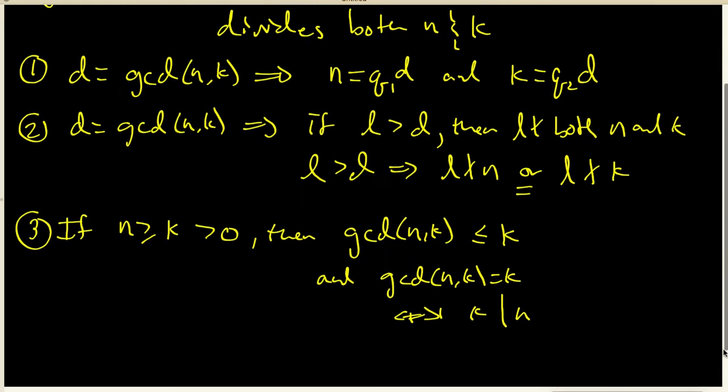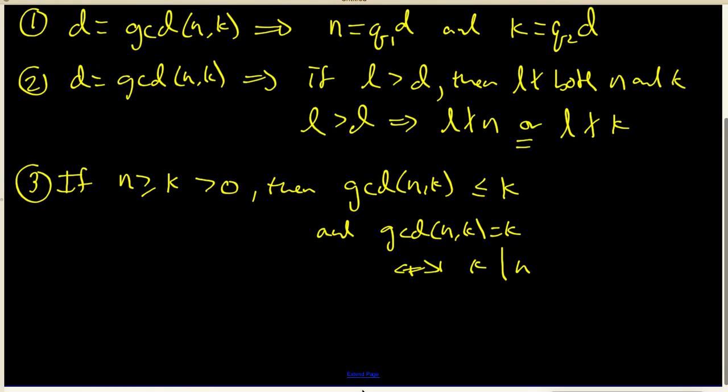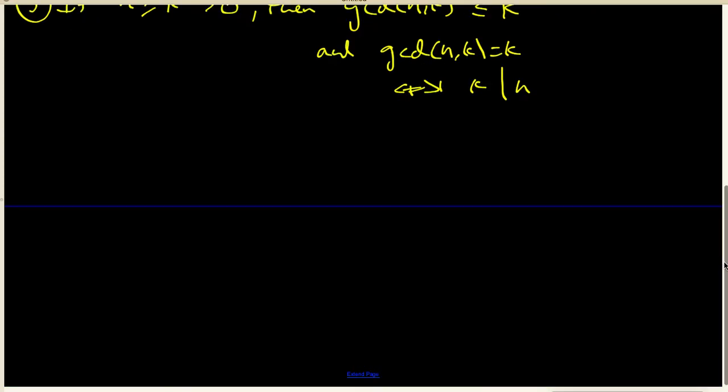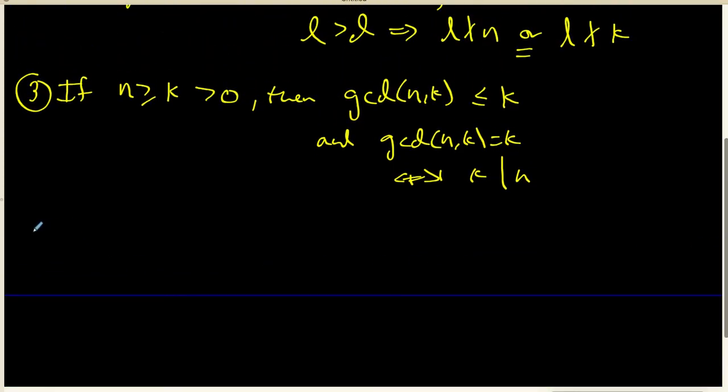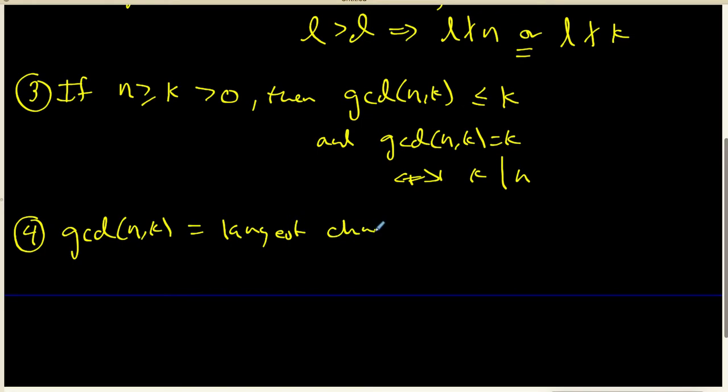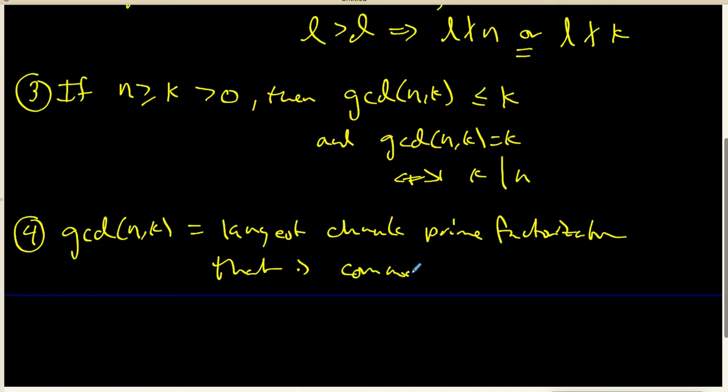The next fact that I want to review about GCDs is something that you learned back in grade school. Basically, the GCD of two numbers is the largest chunk of the prime factorization that is common to both numbers.